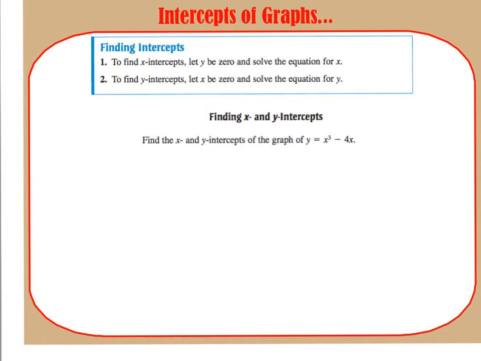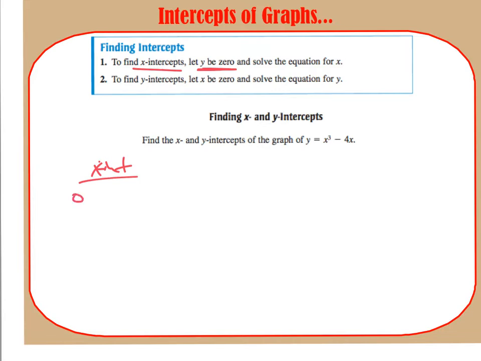What's another name for a y-axis? X equals 0. So guess how we find an x and a y-intercept? We substitute in 0 for the other one. Because if we're going to find an x-intercept, guess what I substitute in for y? 0. Exactly. All right.